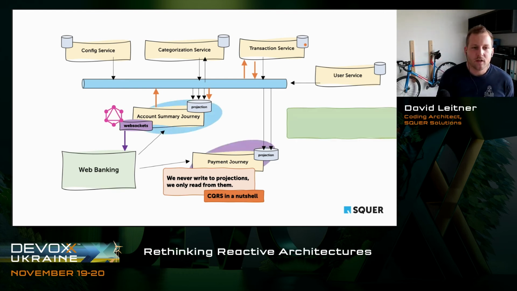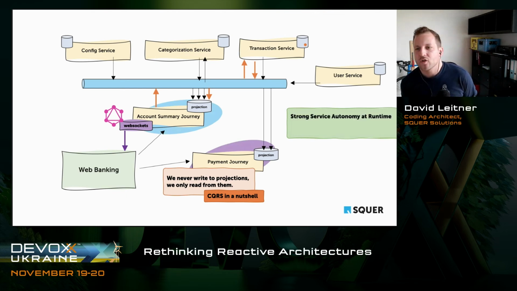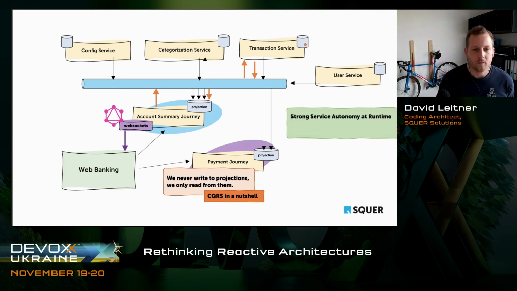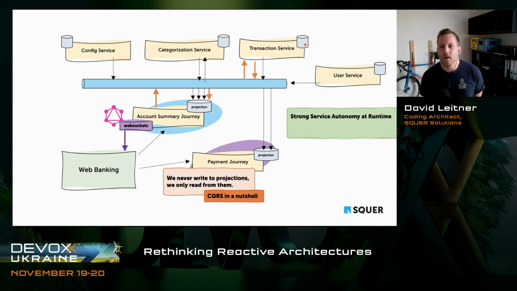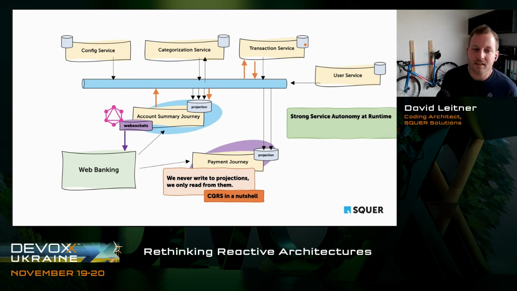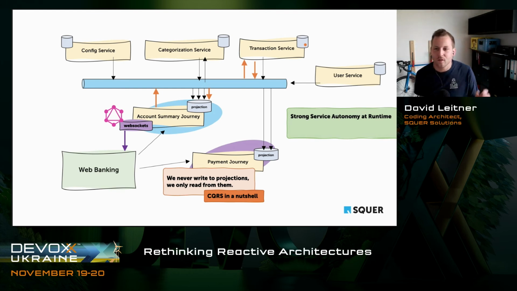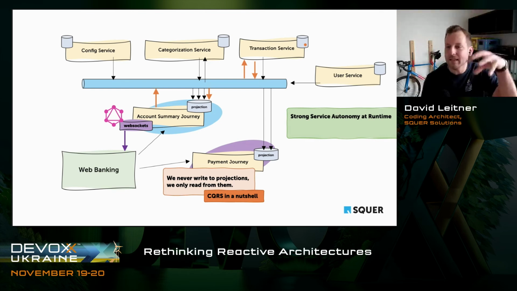And this leads to the fact that we now have strong service autonomy at runtime, right? So services can be very independent at runtime. If the transaction service doesn't work, it doesn't affect us too much, at least if it doesn't work for, I don't know, a few seconds, because we have all the data we need in our projection.